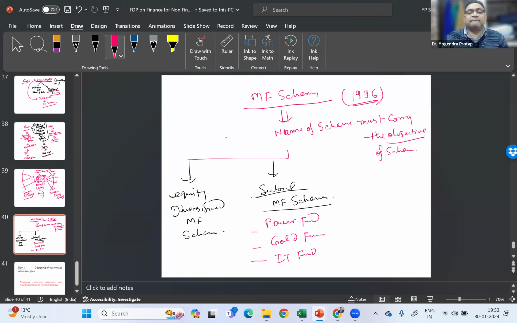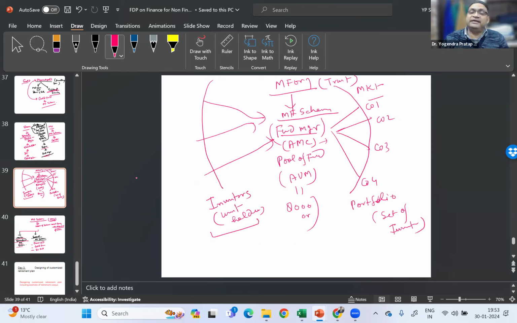After that, just see the name of the scheme. Equity diversified mutual fund scheme means your fund manager will invest across the sectors, in shares of companies across the sectors: IT sector, pharma sector, power sector, whatever sector is there.